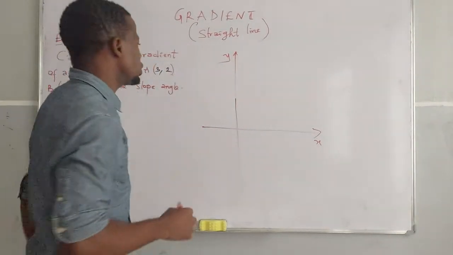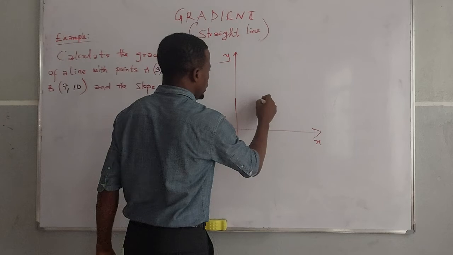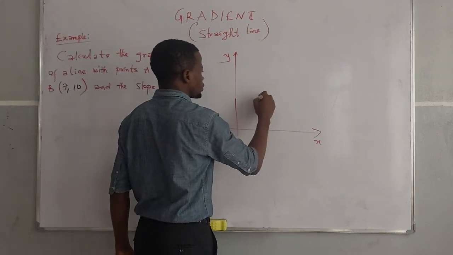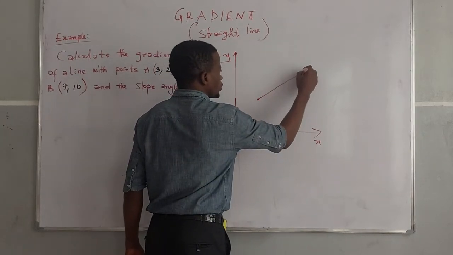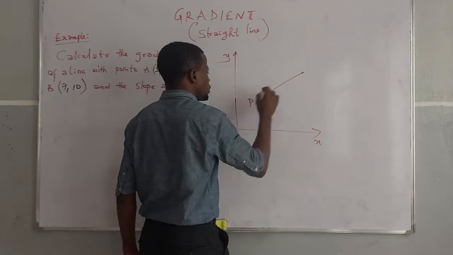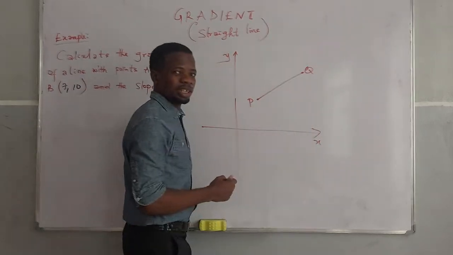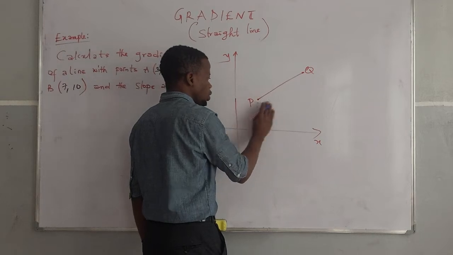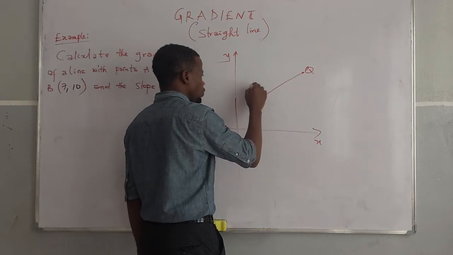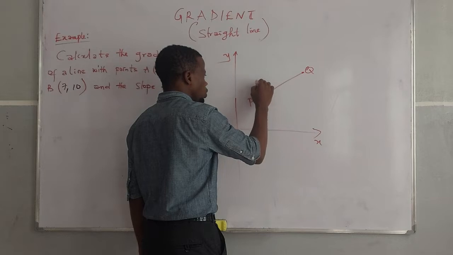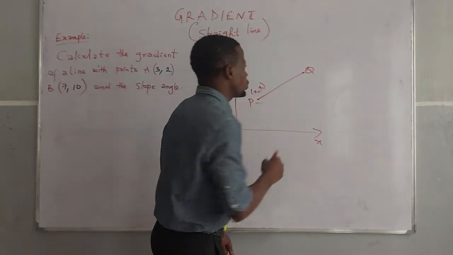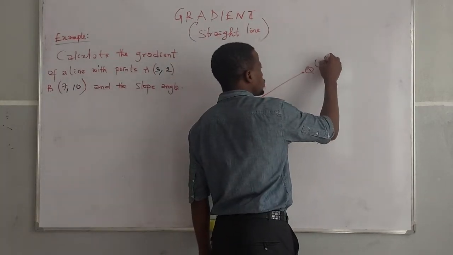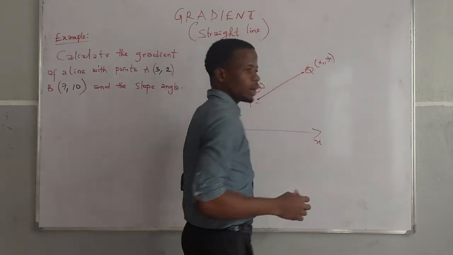Now, we have 2 points here. I call this point P, I call this point Q. Point P has coordinates x1, y1, and point Q has coordinates x2, y2, right?